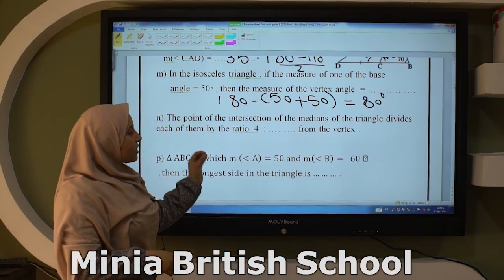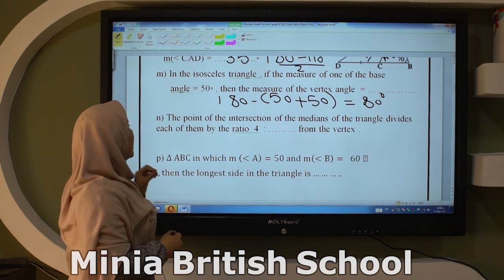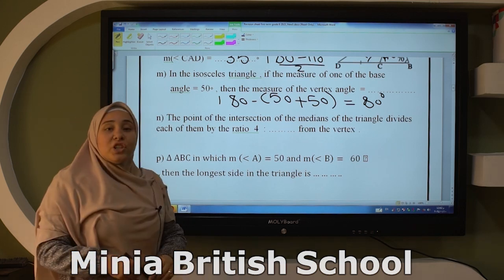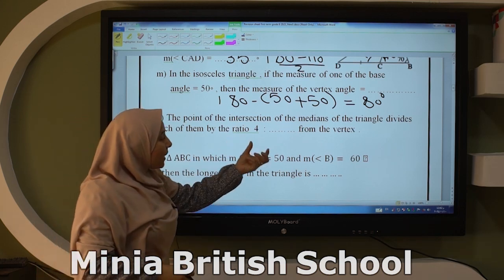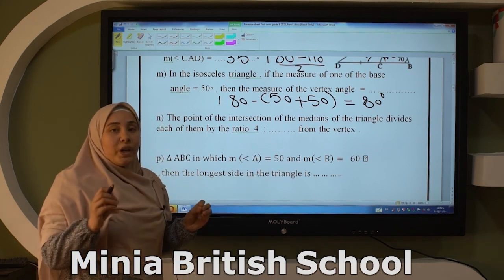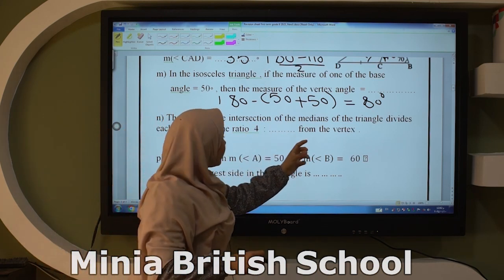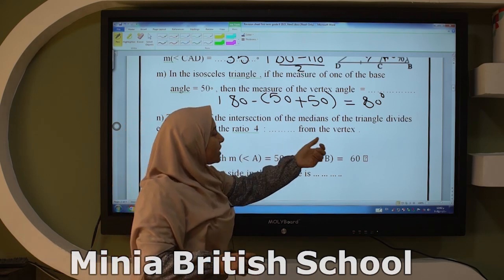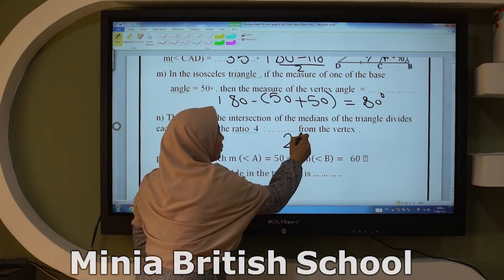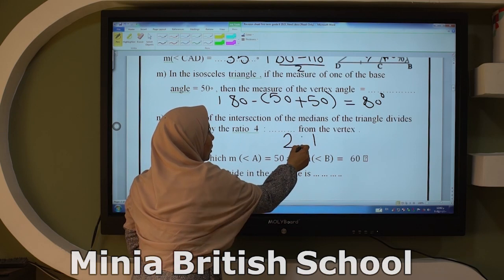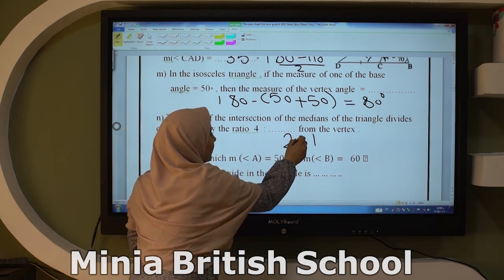The point of the intersection of the medians of the triangle divides each of them by the ratio 4:2 from the vertex. We know it divides each median from the vertex in the ratio 2:1.